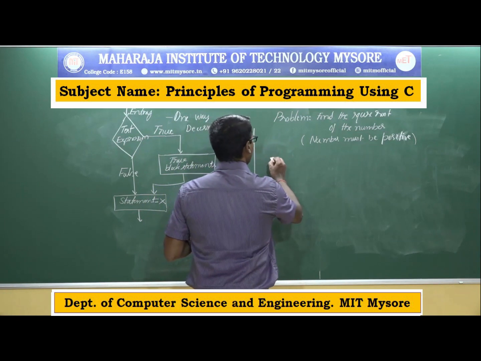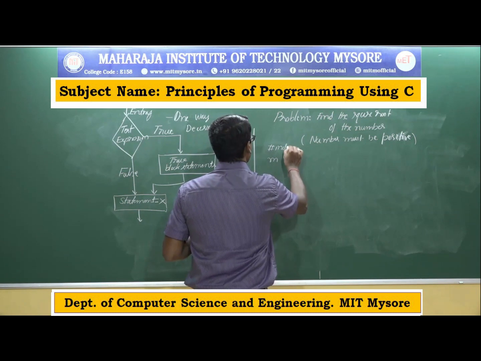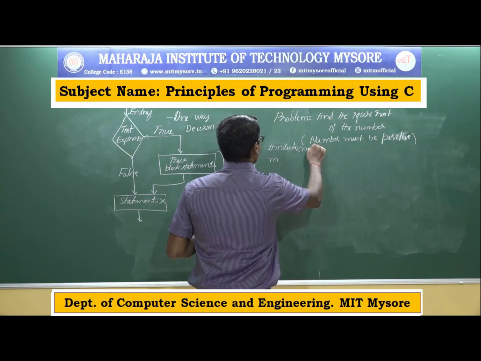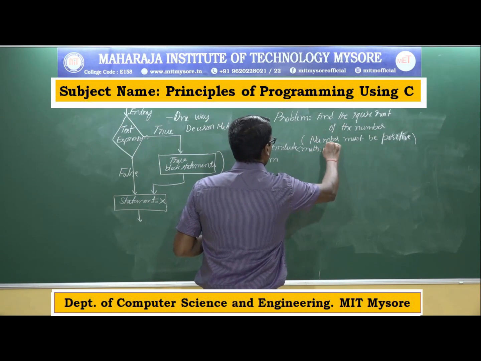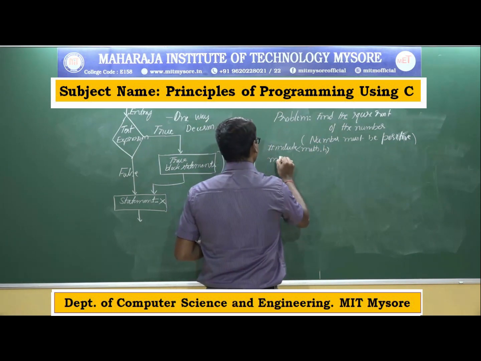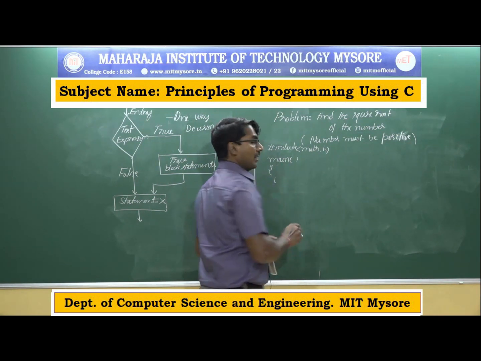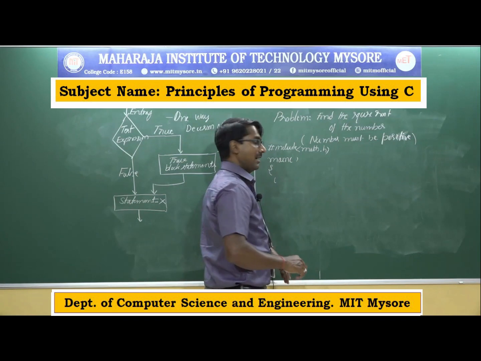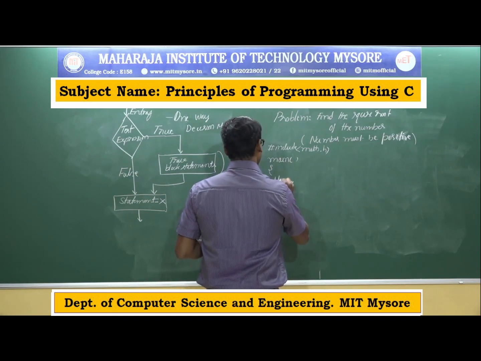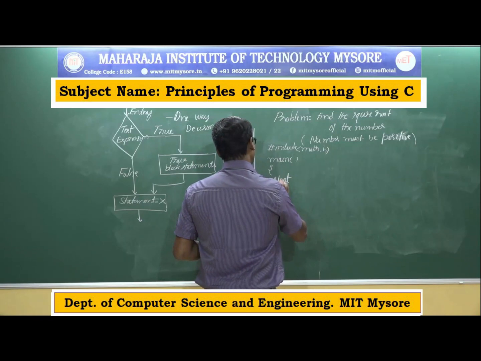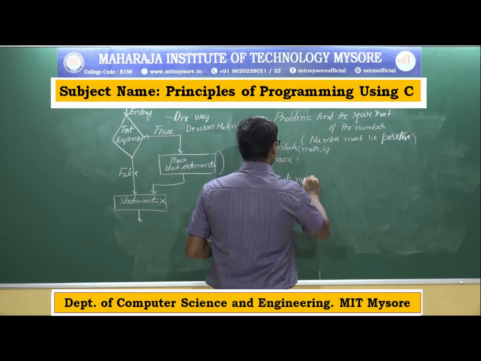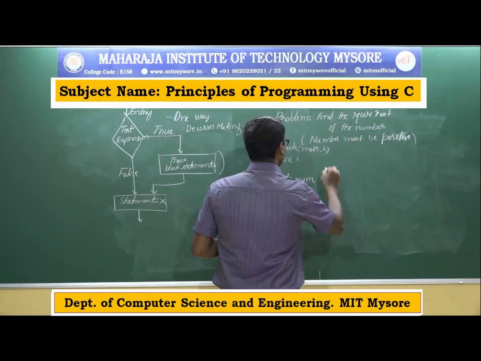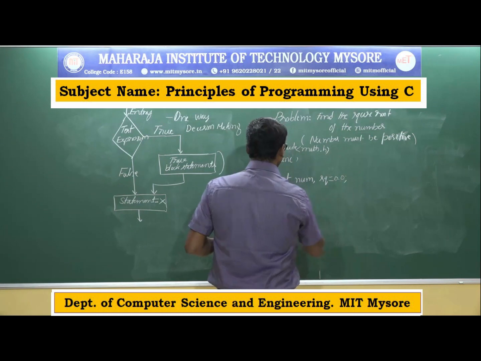So I'll start with the main function. The square root is always a fractional value, so I'll read a float number as input. Float num, comma, sq, meaning square root, equal to 0.0.